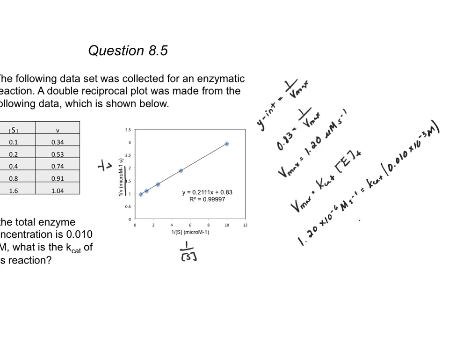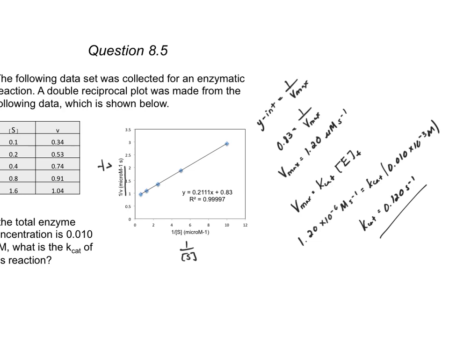So when you solve for kcat, what is that? 0.120, and what are going to be the units here if the molars cancel? Inverse seconds, which is usually what kcats are written in terms of. So kcat is an inverse second.